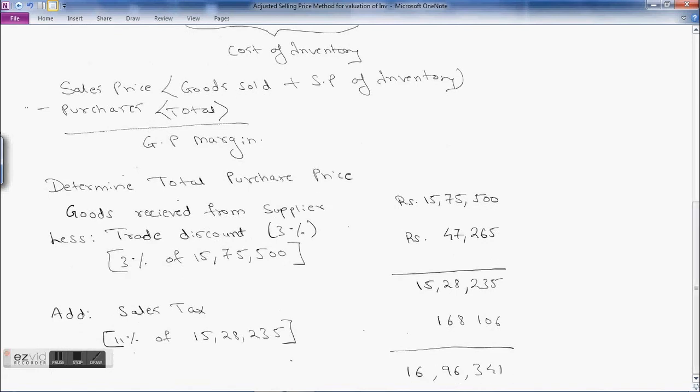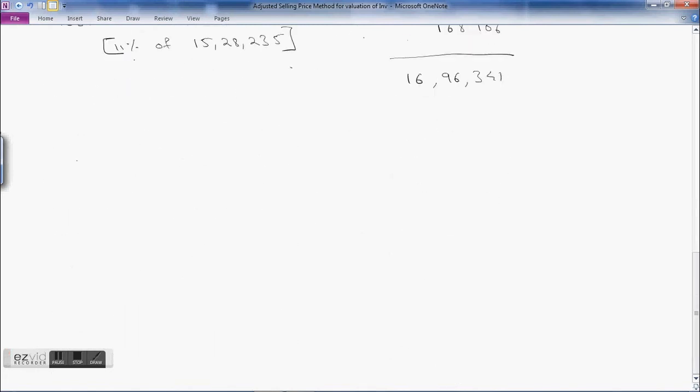Okay, let's see if there are any other costs. There are packing and transportation charges of 87,500. So add packing and transportation charges, 87,500.